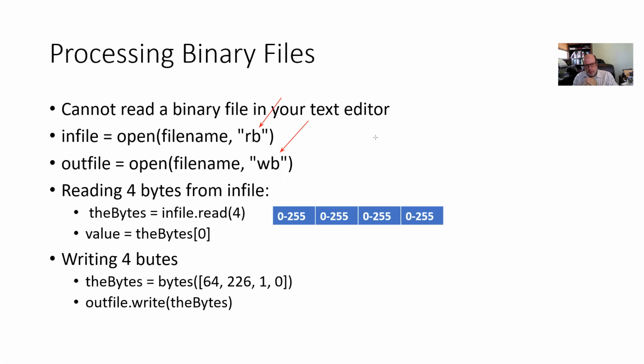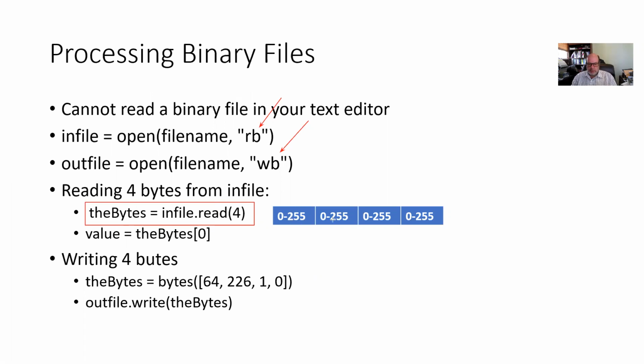Now, I'm going to read 4 bytes. Remember, the way that I'm going to create any kind of number or integer, I have to read 4 bytes. So I'm going to open the file and read 4 bytes. That's going to give me a list of 4 elements from 0 to 3, which is this one right here.